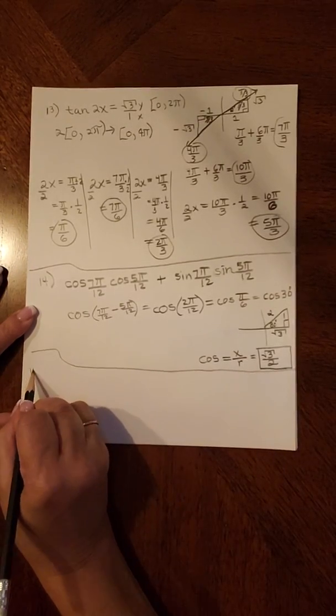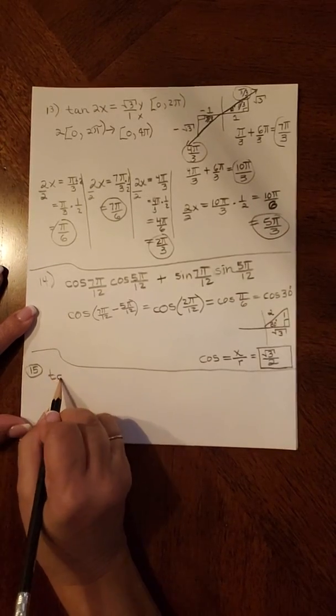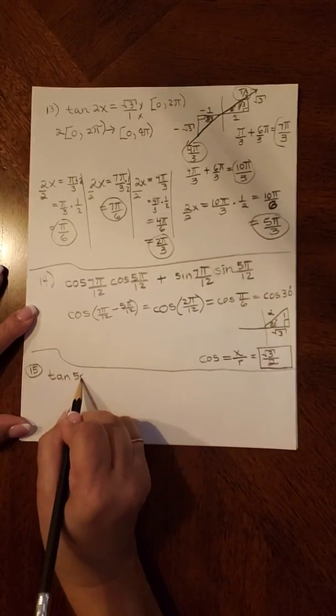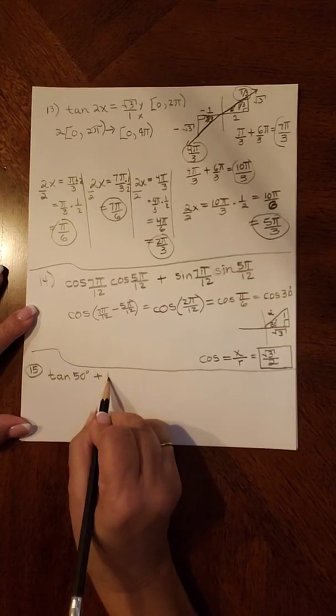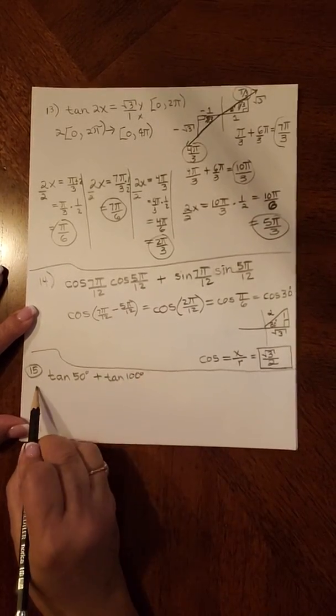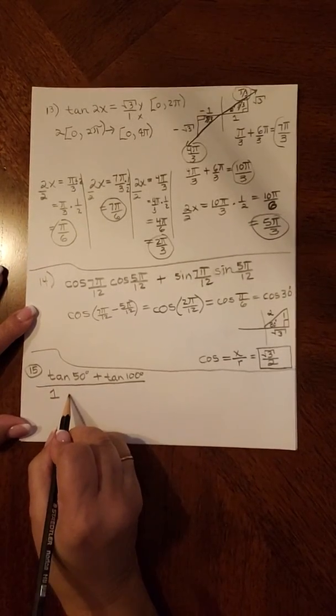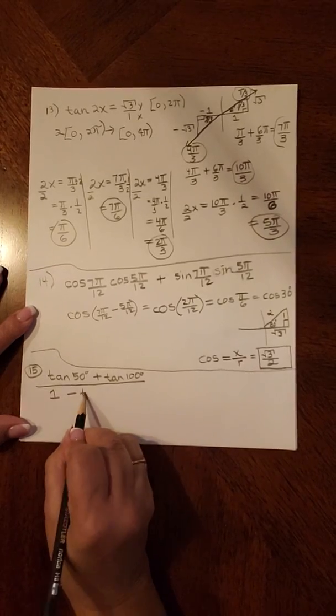Number 15, you have tan of 50 plus tan of 100 in your numerator. Then you have a 1 in the lower left corner. That sign is switched.